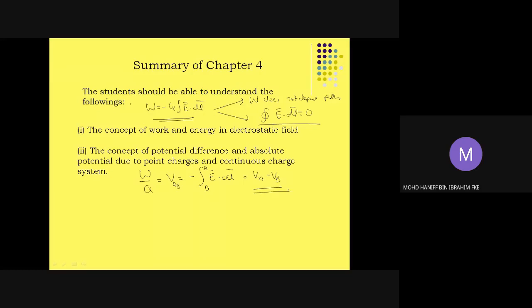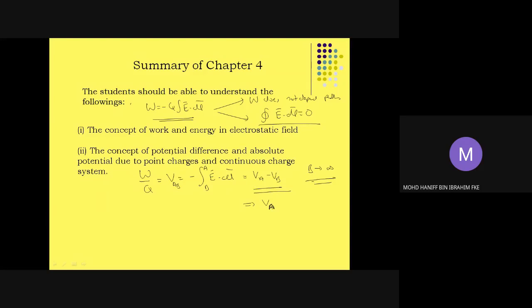So that is your potential difference produced by the concept of work from the first topic. And absolute potential is when your B is at infinity, in which case VA is your absolute potential value. Okay, that should be number 2.